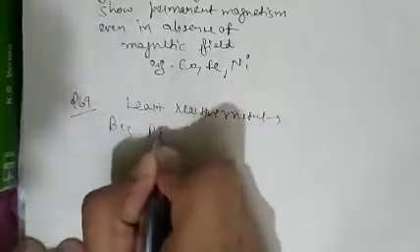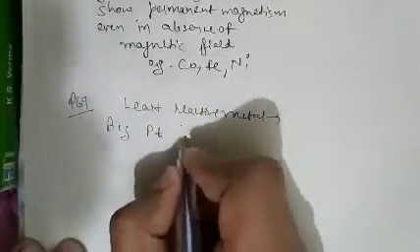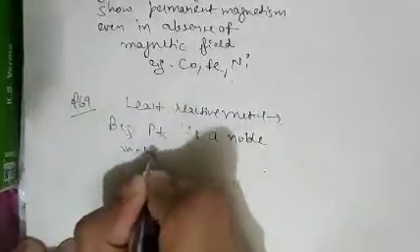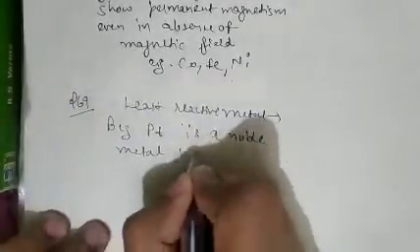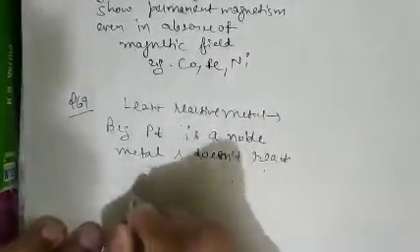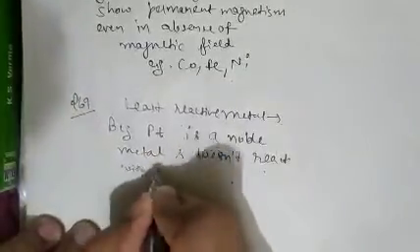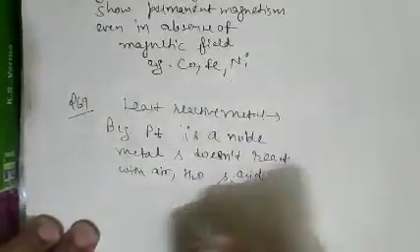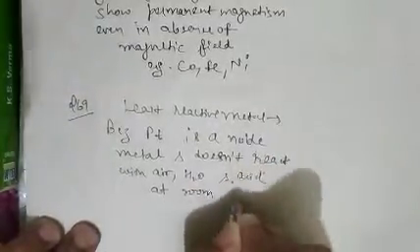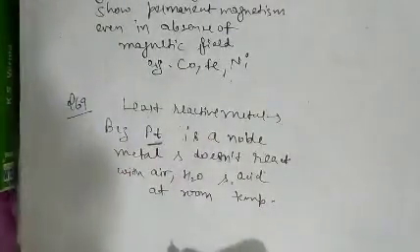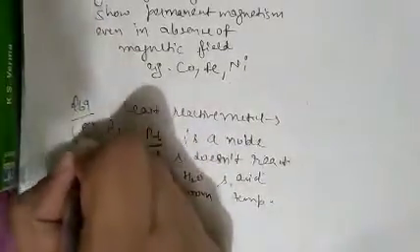As we know, platinum is a noble metal and does not react with air, water and acid at room temperature. So the least reactive metal is platinum. So question number 69, option D is correct.